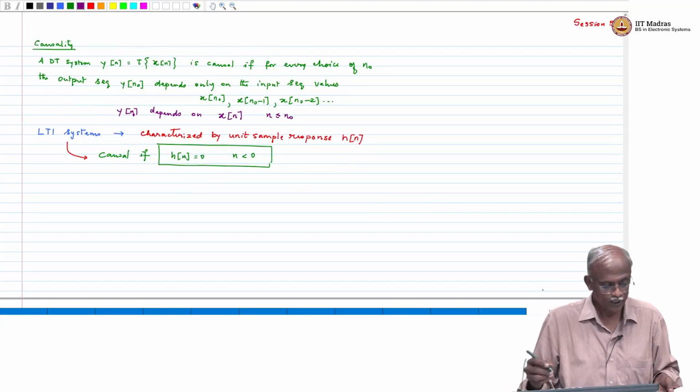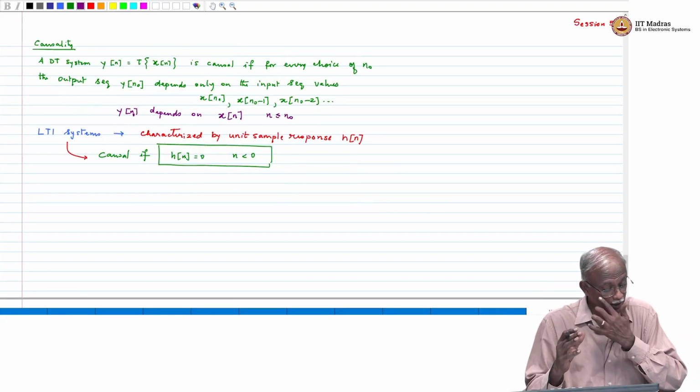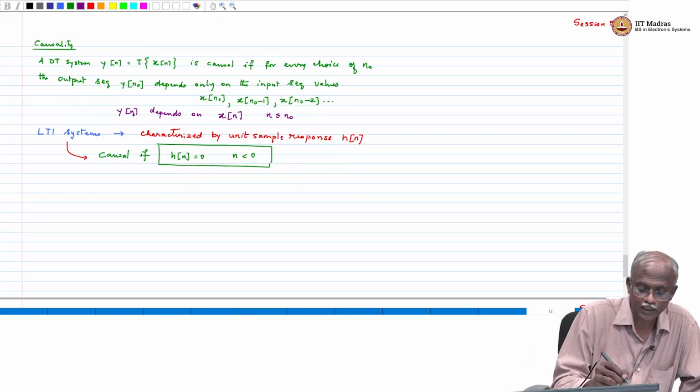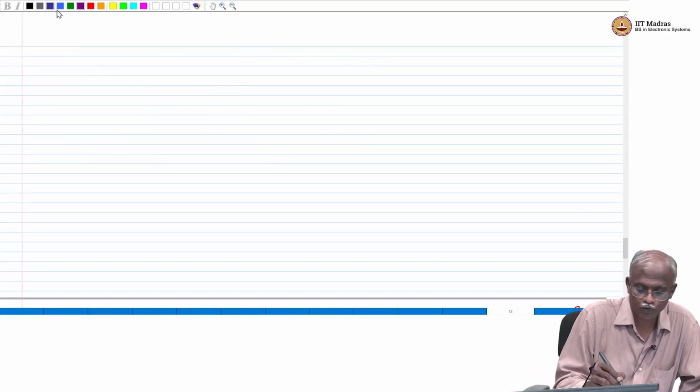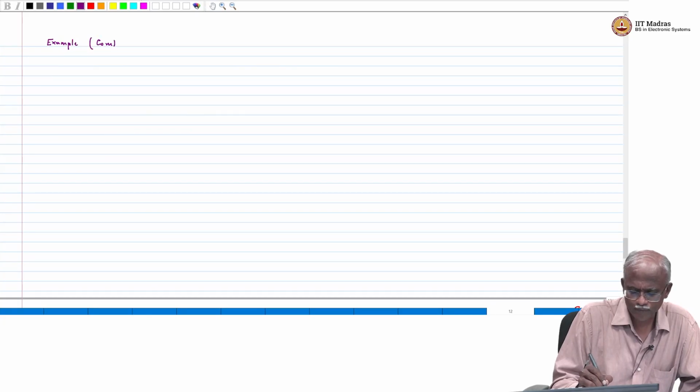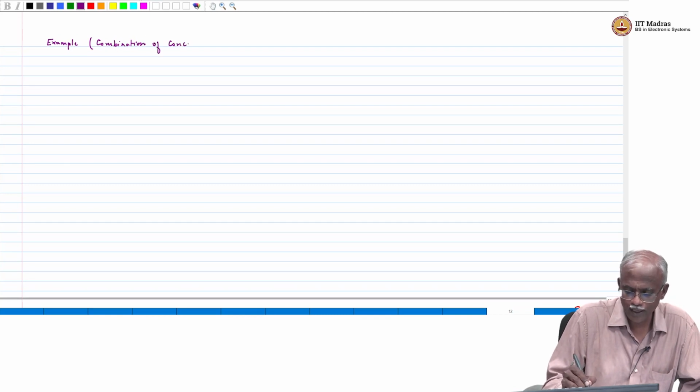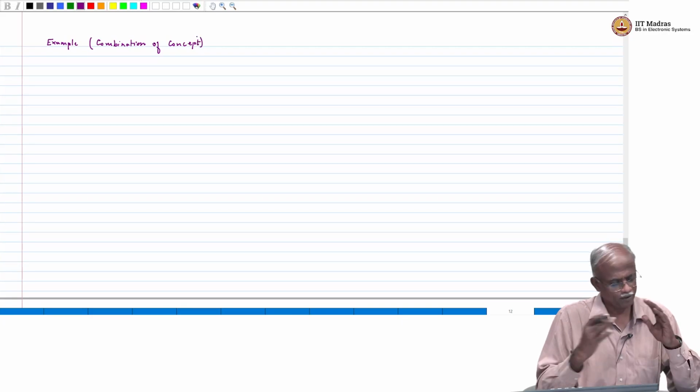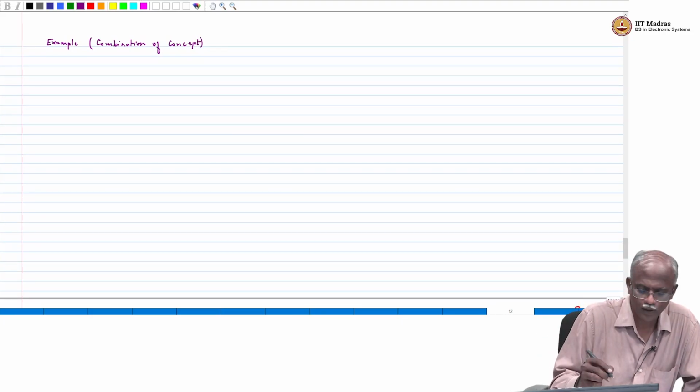Maybe this is a time for us to look at a recap of some of the key concepts that we have studied so far. So this is another example, a combination of concepts example, a combination of things that you have studied, and so you will have to apply multiple rules that you have obtained.